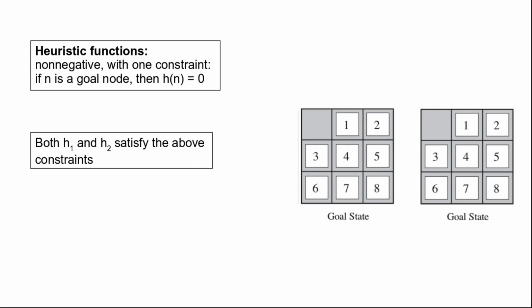Of course they are non-negative because we are counting the number of misplaced tiles or the number of moves that we have to make horizontally and then vertically. Hence the two functions are non-negative, and also if we are already in the goal state, then the number of misplaced tiles will be 0, and of course the Manhattan distance will also be 0. So the two heuristic functions that we discussed today do satisfy these conditions.